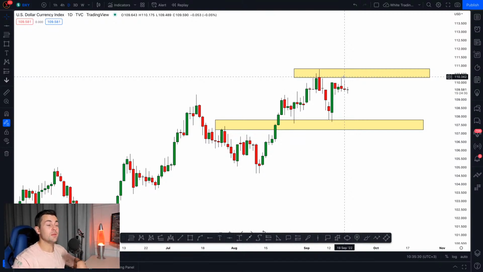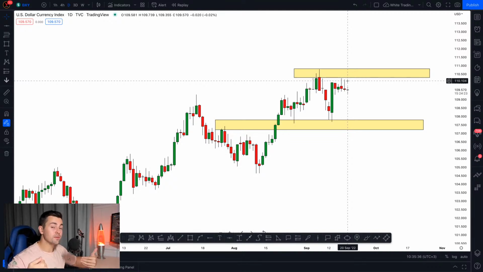So approaching the highs at the moment, the market participants are waiting for the trigger. They are waiting for some news to clarify whether the market remains bullish or it's time for a correction.